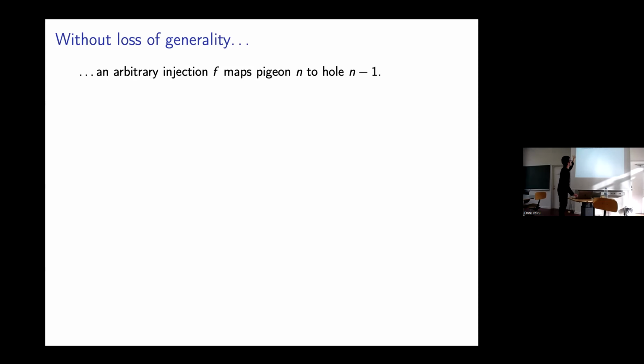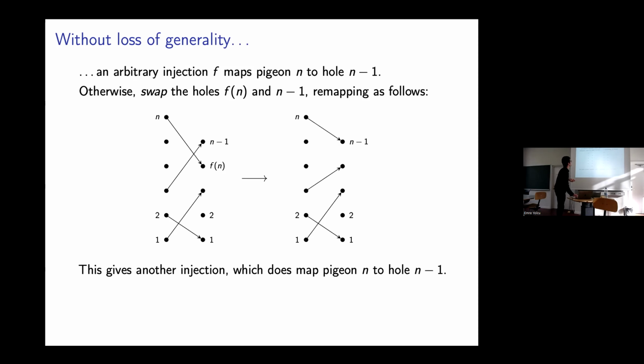And then you need to justify that you can make such assumptions. Here, at least in the case of the pigeonhole principle, the way you justify it is, you say, you give me some injection that falsifies my assumption. Well, I could convert it into another injection, which then satisfies my assumption.